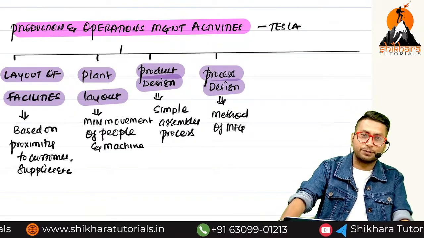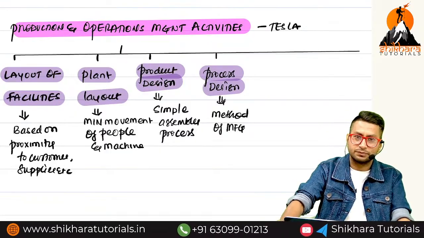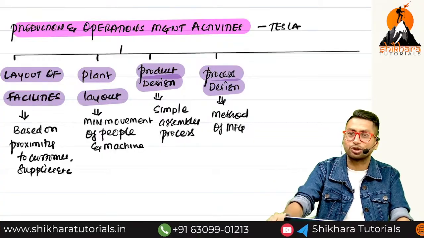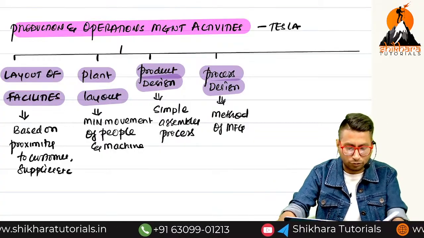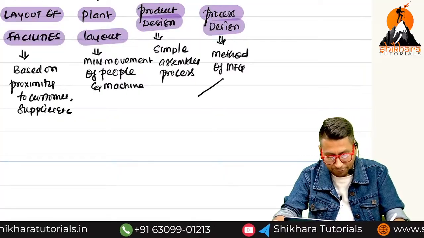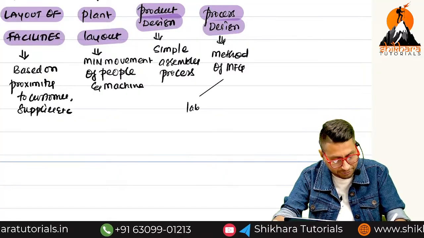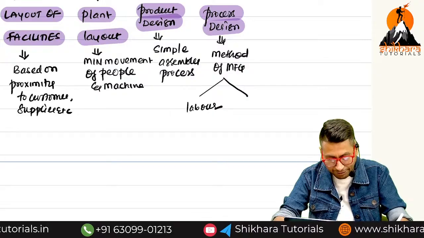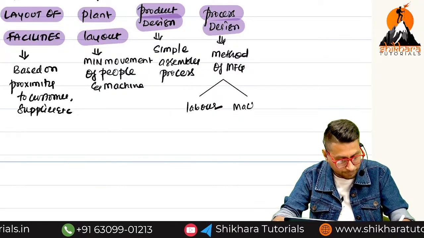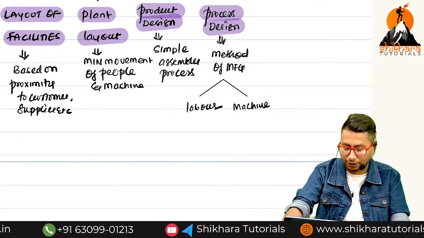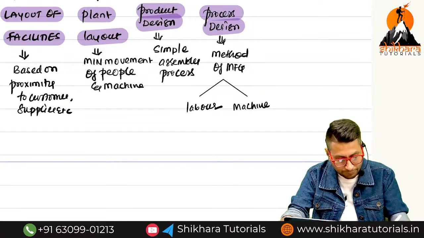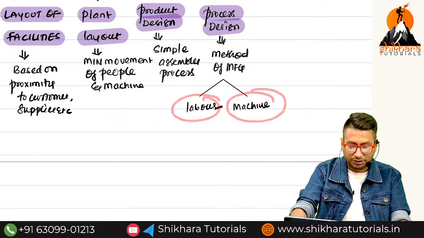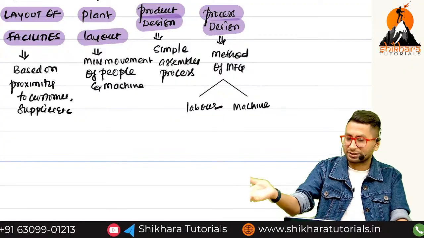Can I use labor to manufacture a product? Can I also use a machine to manufacture the product? So process design can be the method of manufacturing. It can be either labor intensive or machine intensive. I can manufacture a product either by using labor or by using machines. Now we are taking Tesla only, right?